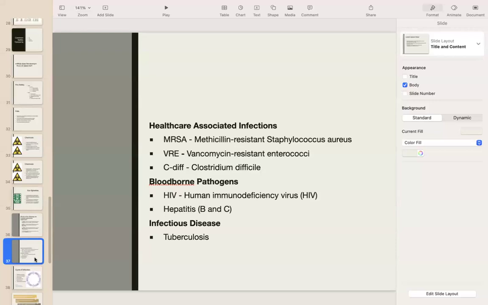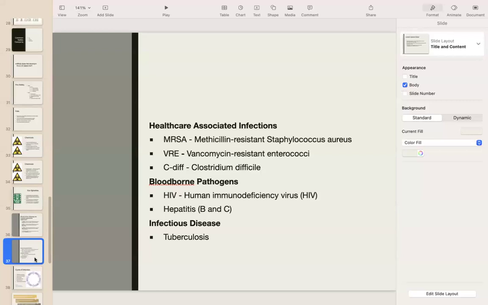The thing with hospital associated infections is that it can affect reimbursement, because when we care for our patients, it's expected that we clean, and we make sure we don't pass different infections and diseases from patient to patient.